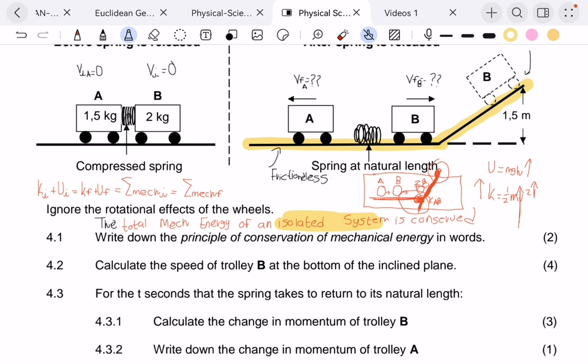For example, if there was friction, then this law will not really apply, because friction is a non-conservative force, but we're going to learn about those in future videos. Friction is a non-conservative force, meaning that it does not conserve energy. It actually dissipates it, but you're going to learn about those in a future lesson.